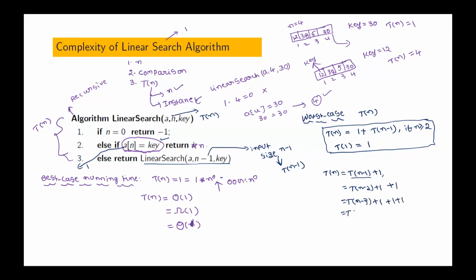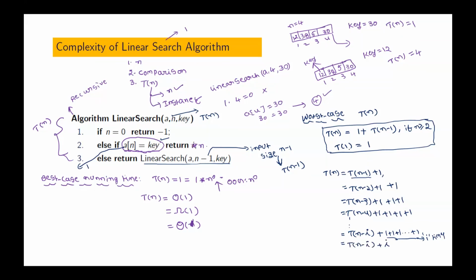Next it becomes T of n-3 plus 1, and the 2 ones already there we write. Next it becomes T of n-4 plus 1, and the 3 ones already there we write. After i steps, it becomes T of n-i plus 1 plus 1 plus 1, i times. So it is nothing but T of n-i plus i.